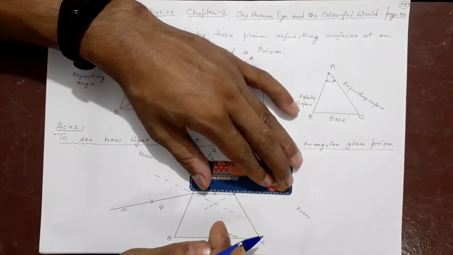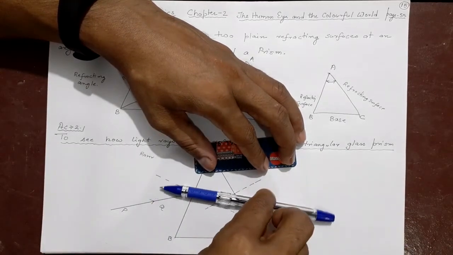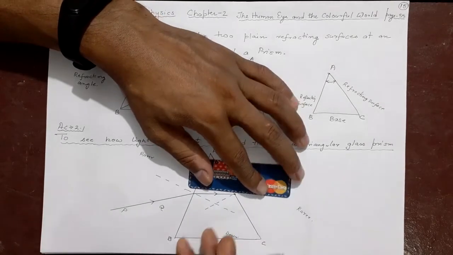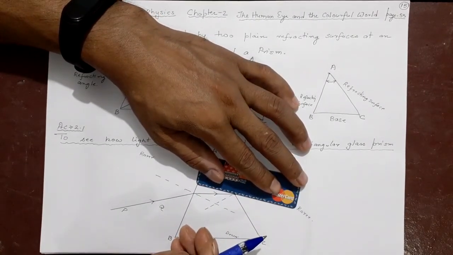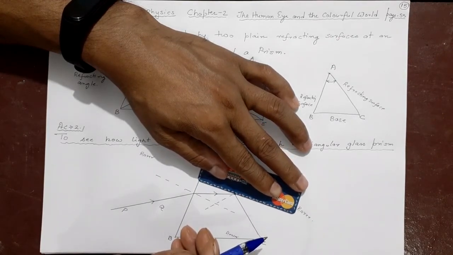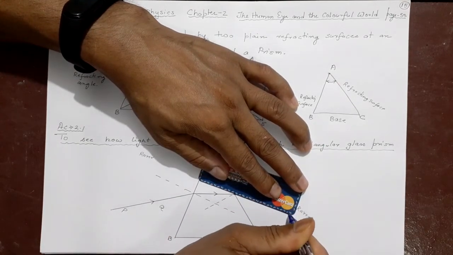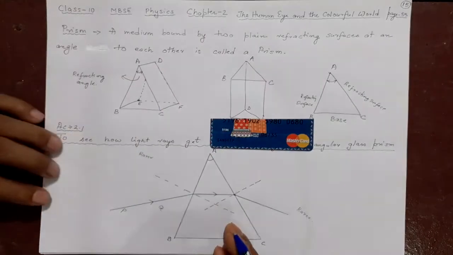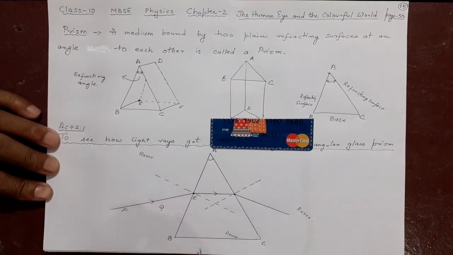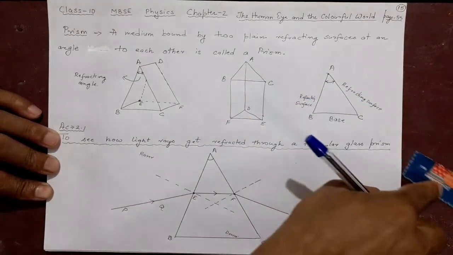In reality it would go straight like this, but it will go away from the normal, like this. It is up to you how much away you want to make it. So PQ is entering, and the point where it entered is E, and the point where it came out is F.